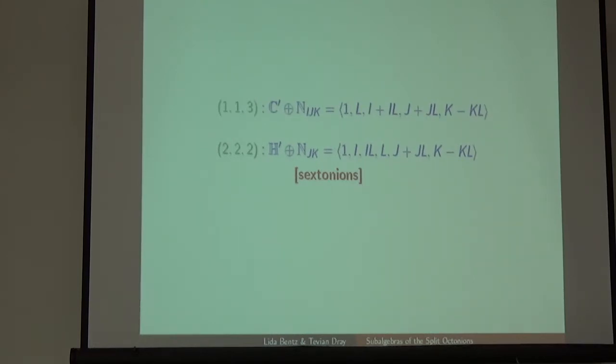So we're taking the split complexes and adding a null 3D subalgebra: I plus IL, J plus JL, and K minus KL. And then as high as we can go would be signature 222 with the Sextonians. We take the split Quaternions and we tack on a 2D null subalgebra.